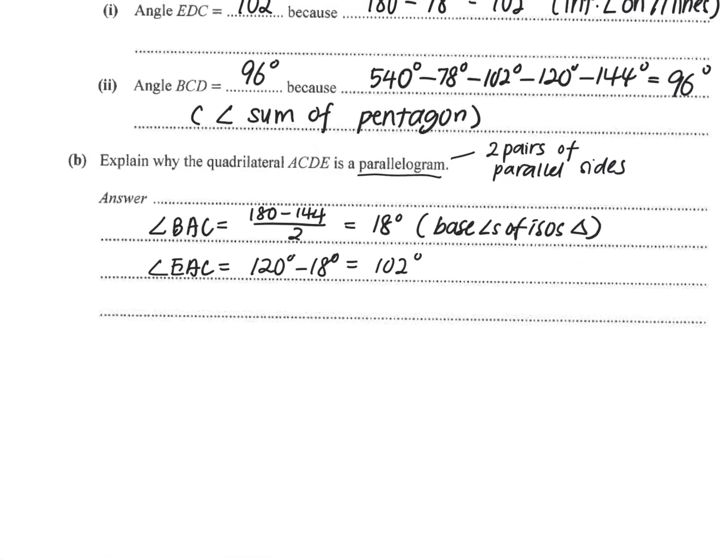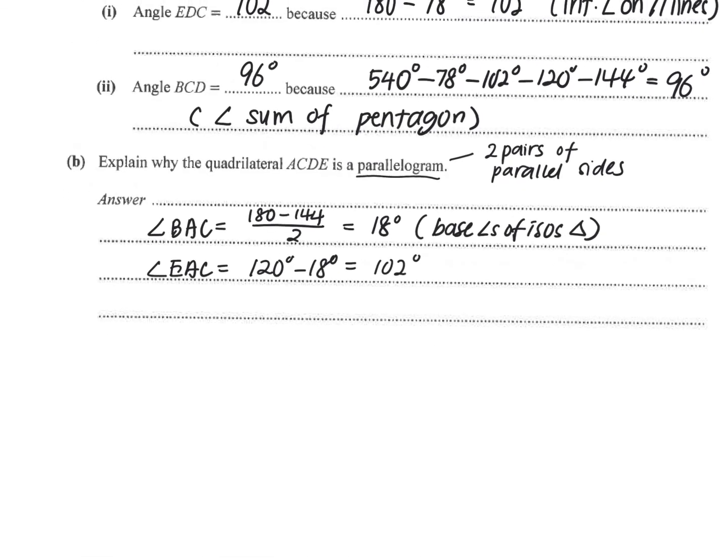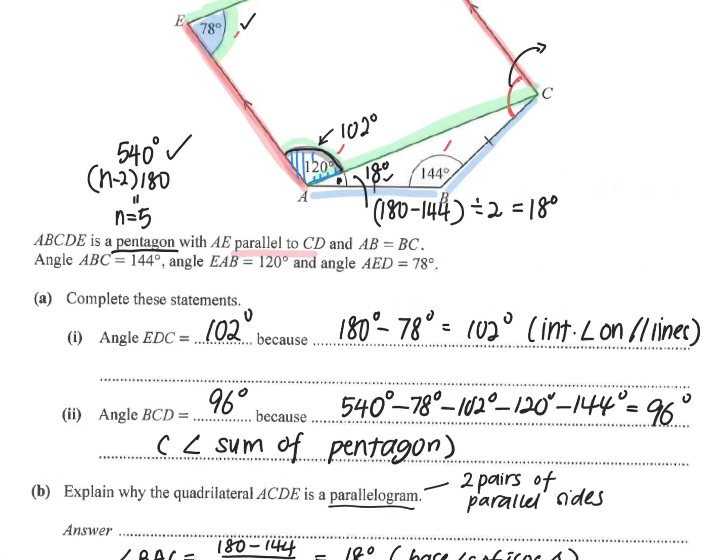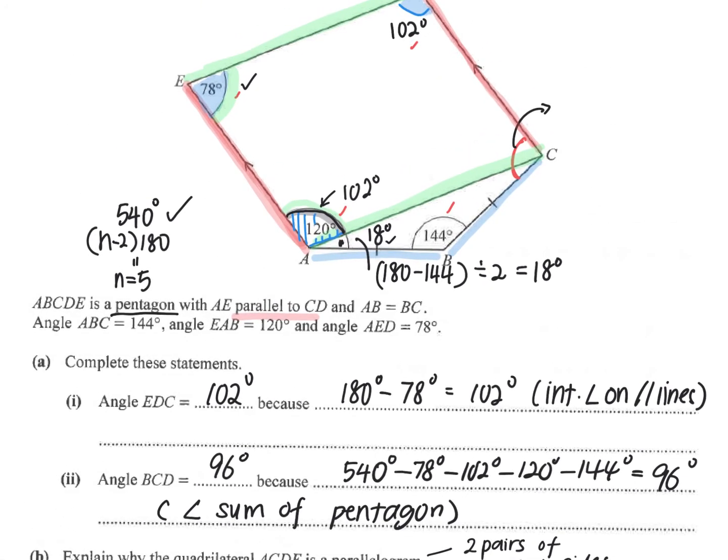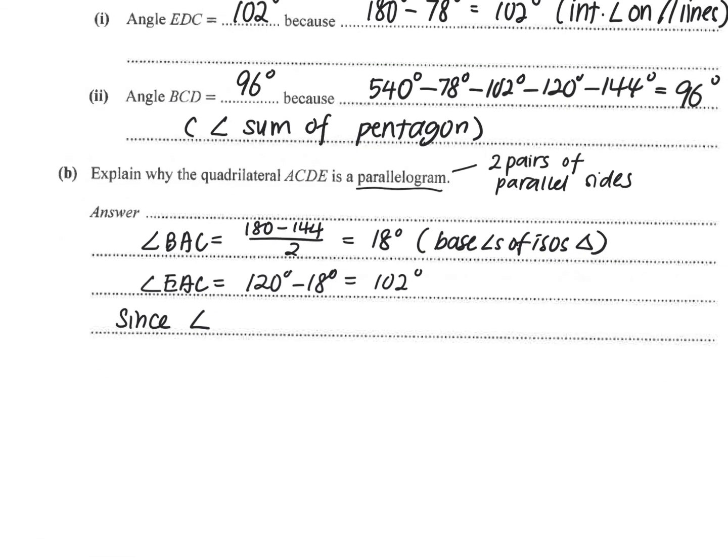Since angle EAD plus angle EAC equals 78 degrees plus 102 degrees, which is equal to 180 degrees, by interior angles.